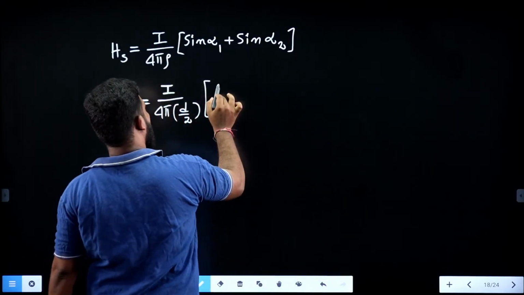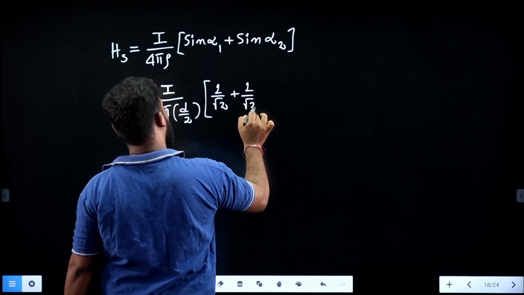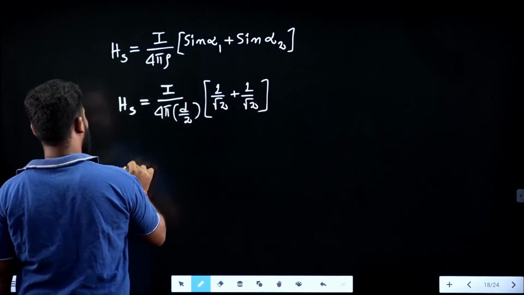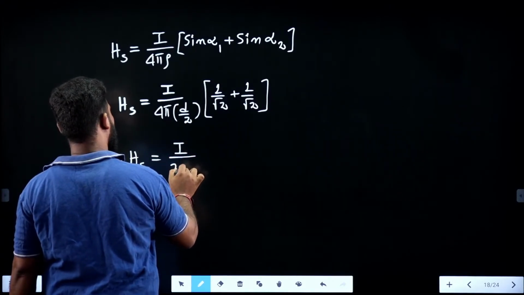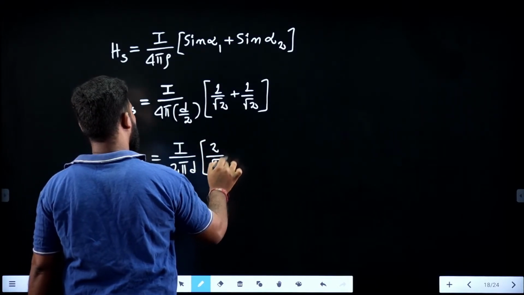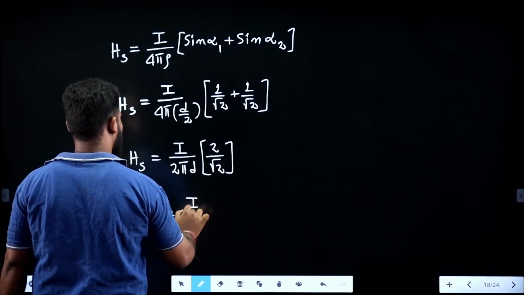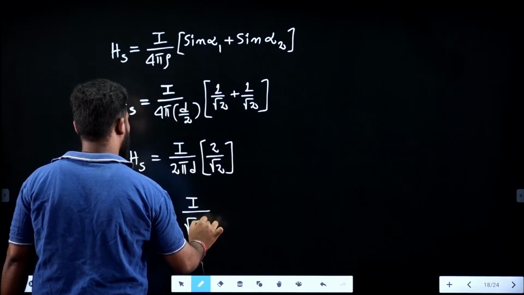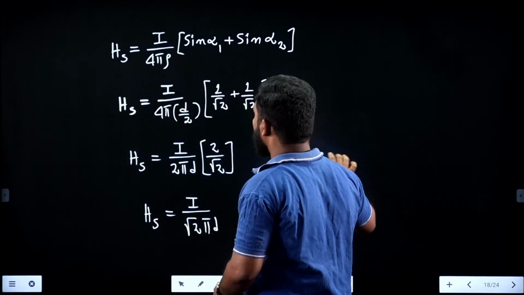Here it is 1 by root 2 plus 1 by root 2. So Hs is equal to I by 2 pi d into 2 by root 2. So Hs is equal to I by root 2 pi d. This is the magnetic field due to each side. What is the overall magnetic field?